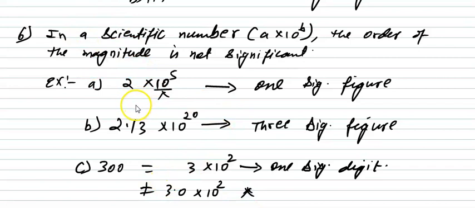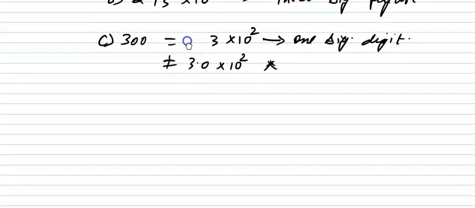Okay, so write down rule number 7. Rule number 7 is that pure numbers and constants do not have any significant figure.